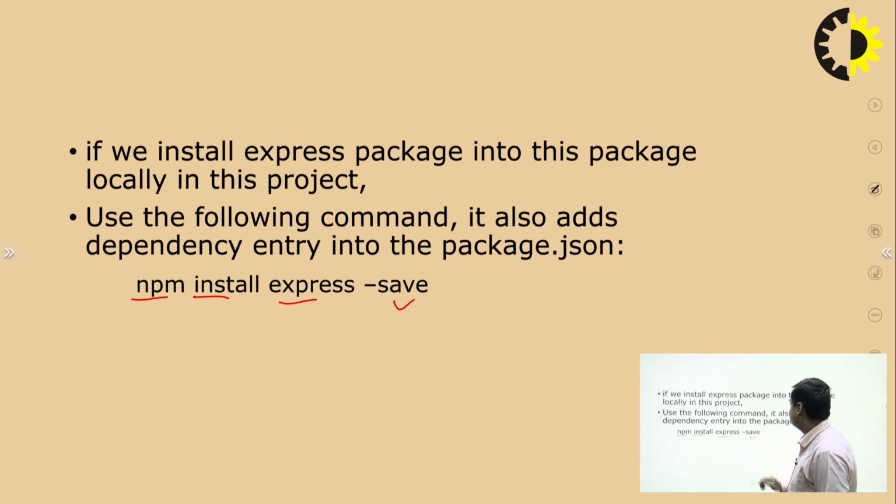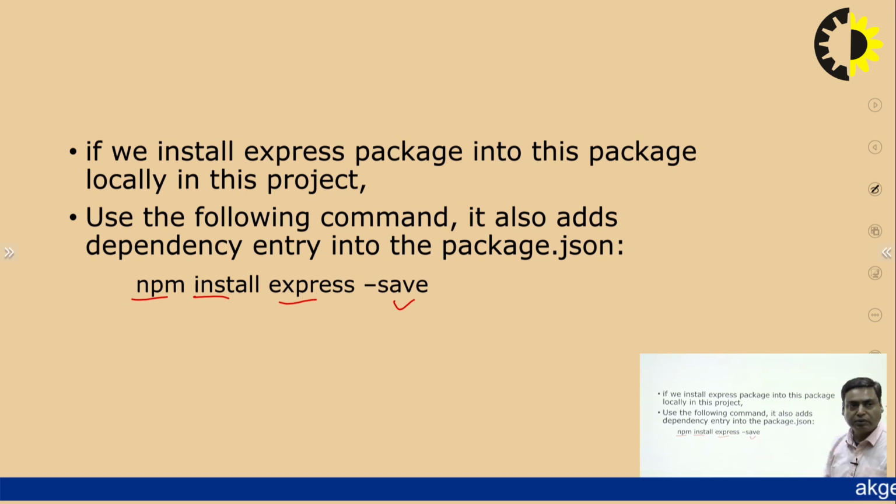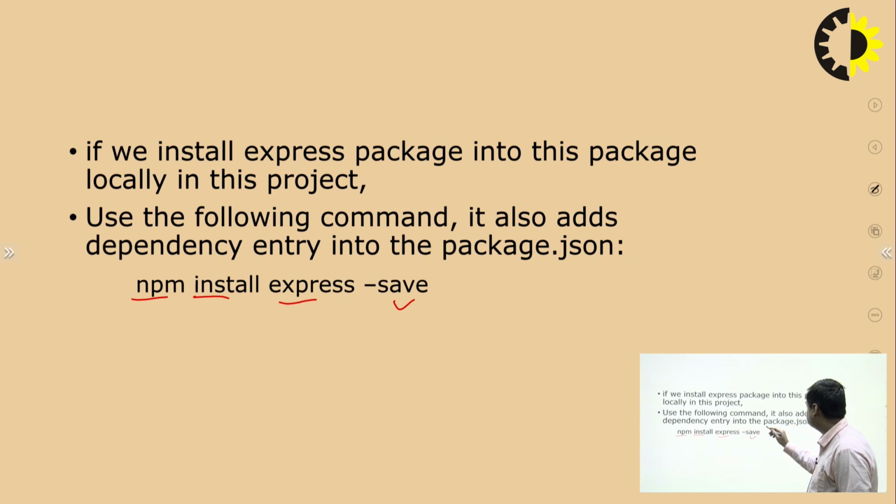Now whenever we install any package on the local machine, some settings must be satisfied, some settings must be there in a JSON file. Whenever you install a package, the setting is automatically added to a JSON file called package.json. Then you use one more attribute, that is dash dash save. So the full command is npm install express dash dash save.